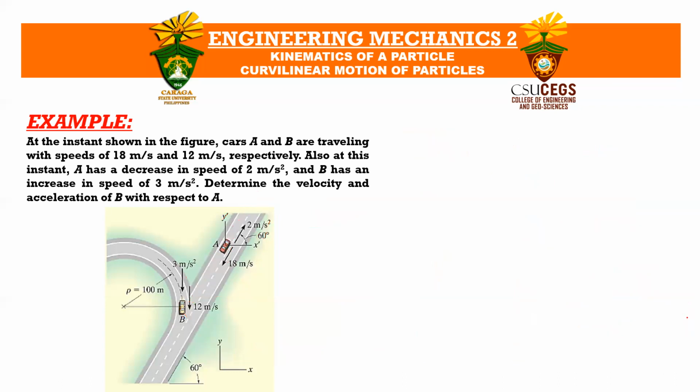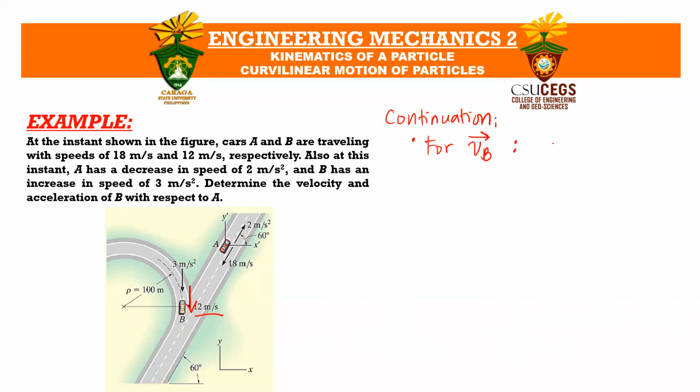Now, for the continuation of our solution, for the vector form of your v of B, since your v of B is moving downward, as shown here on the figure, which is denoted with 12 meters per second, moving downward.